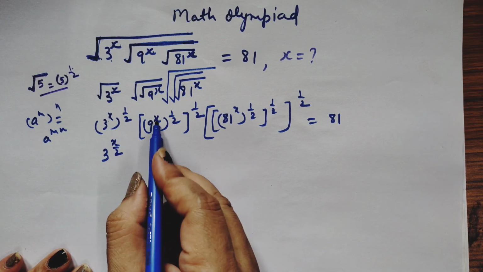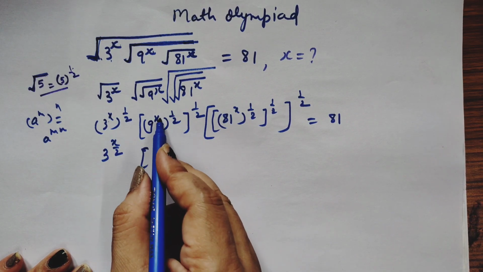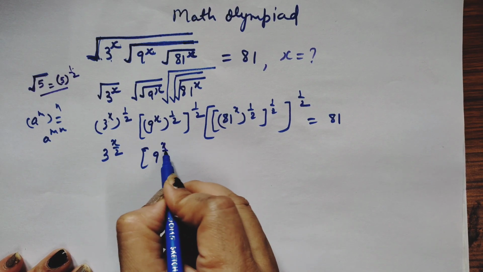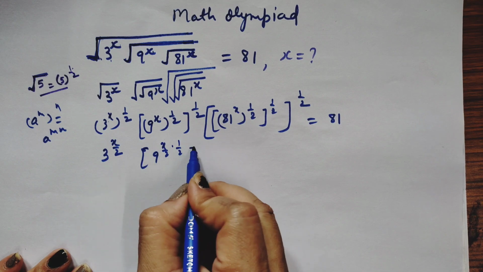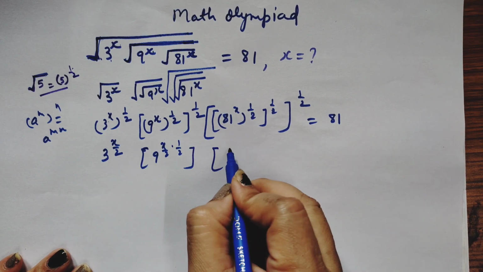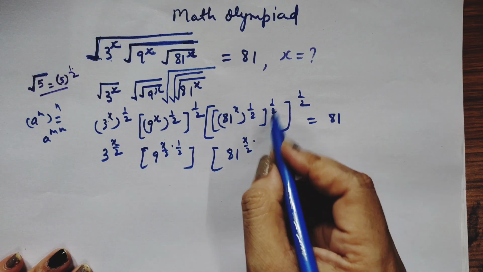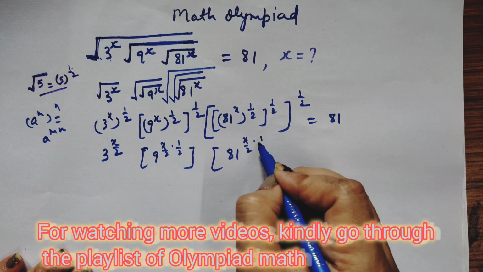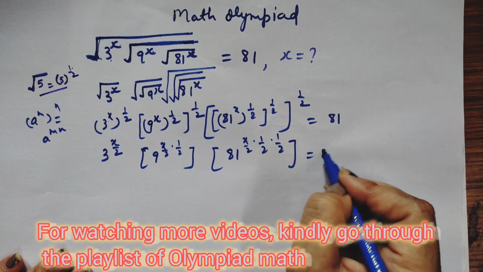And here you can see 9, first of all 9 power x multiplied by 1 by 2, x by 2, and x by 2 multiplied by 1 by 2. Similarly here 81 power x by 2, x into 1 by 2 is x by 2, then again 1 by 2 and this 1 by 2. So we can write directly also.